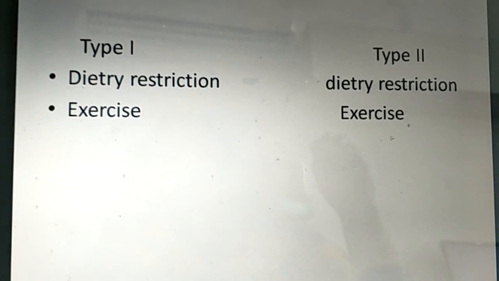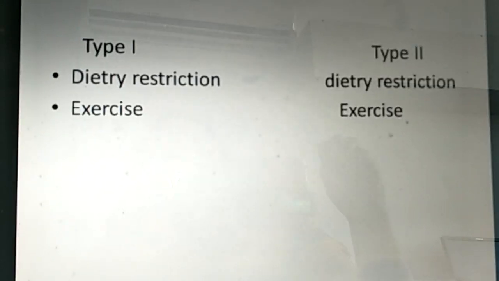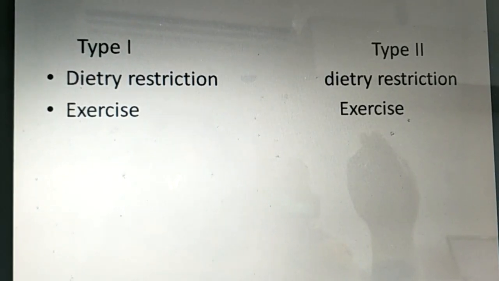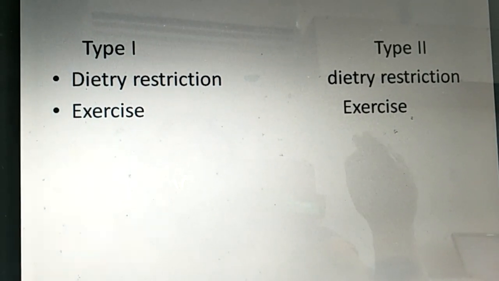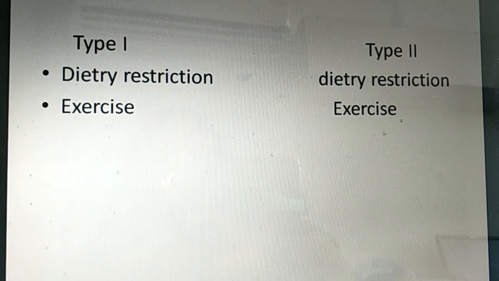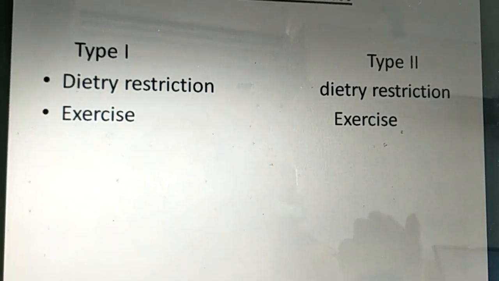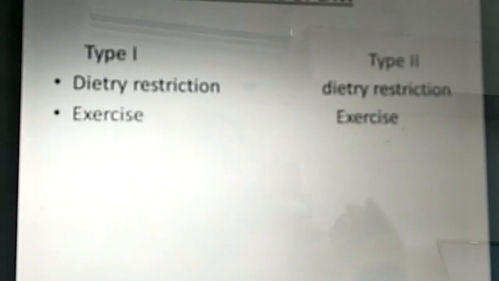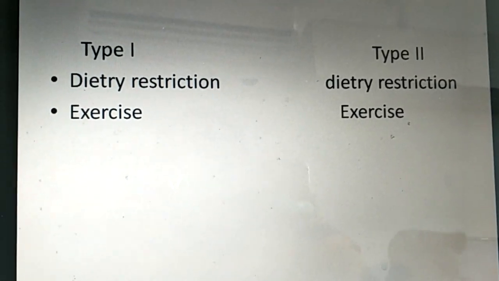Some patients may improve or get controlled with non-pharmacological measures only: dietary restriction and exercise for weight reduction.